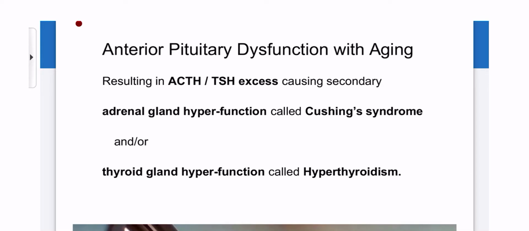Now, because it's connected here, this causes adrenal gland hyperfunction, and the effect of too much of that is Cushing's syndrome. I think you maybe have heard of Cushing's syndrome. And then if there's thyroid gland hyperfunction, this is called hyperthyroidism.